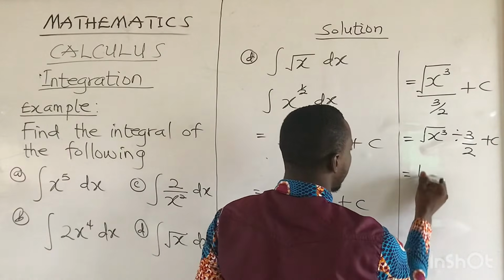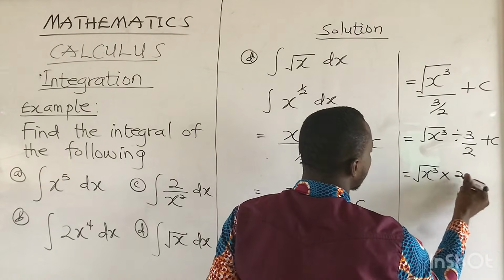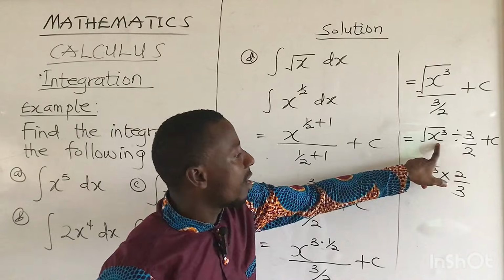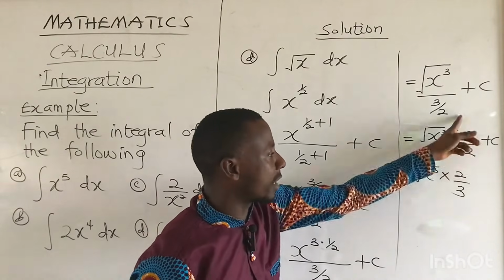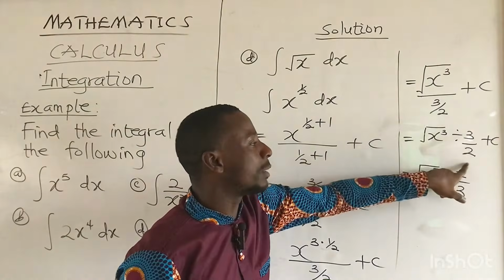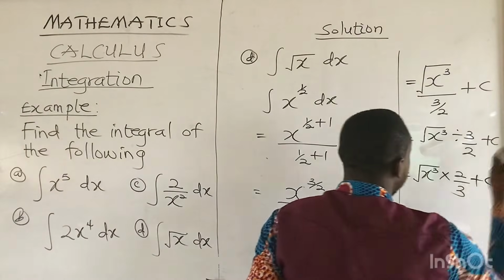Then we have root of x cubed times 2 over 3, because when you're dividing a term by a fraction, then the division changes to multiplication, then you are going to reciprocate the fraction, plus c.